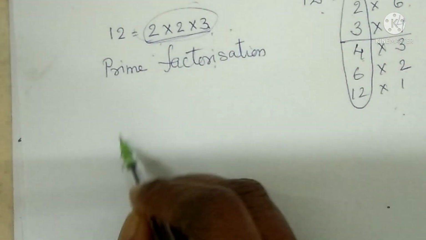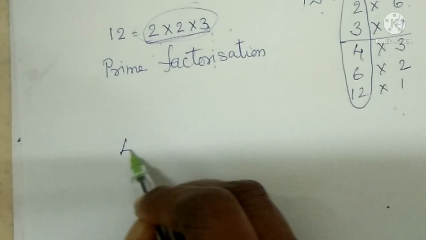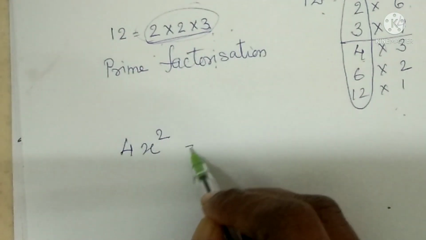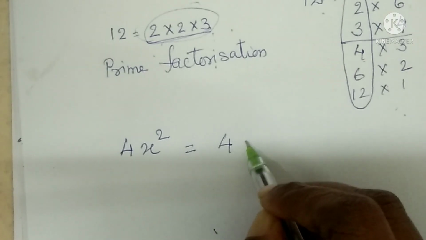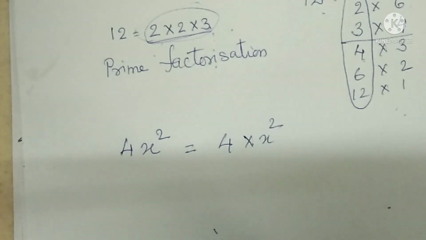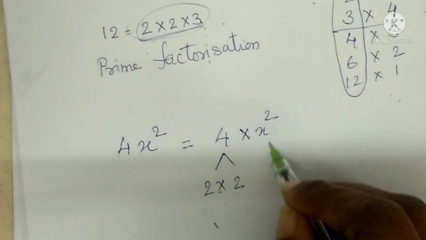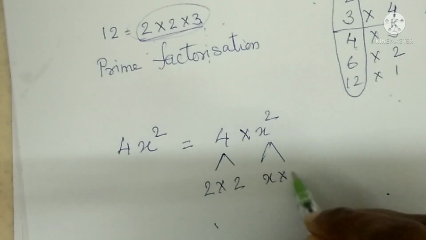So, for example, if you have a monomial like 4x square, how will you write its factors? One way is 4 into x square. If you still want to factorize, you can factorize it as 2 into 2, and x square can be written as x into x.